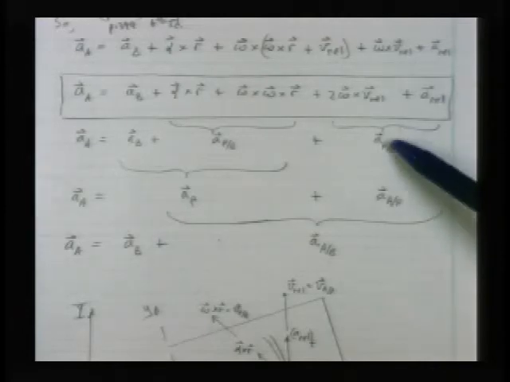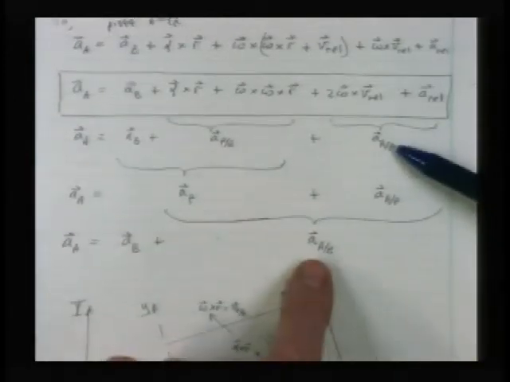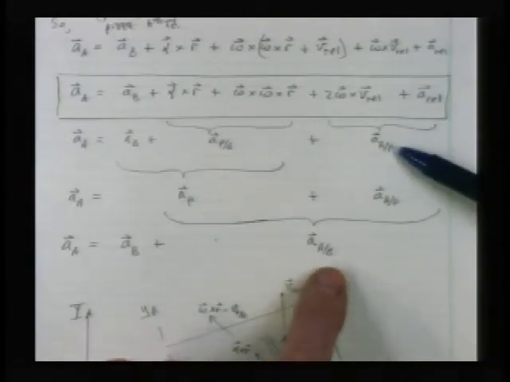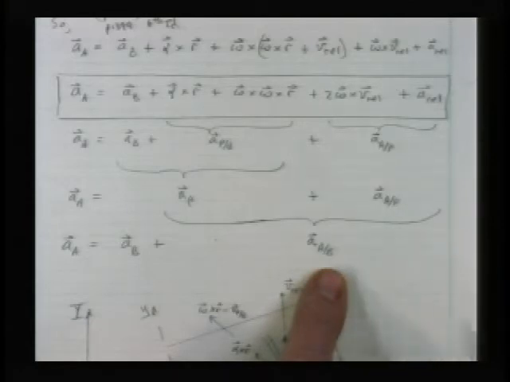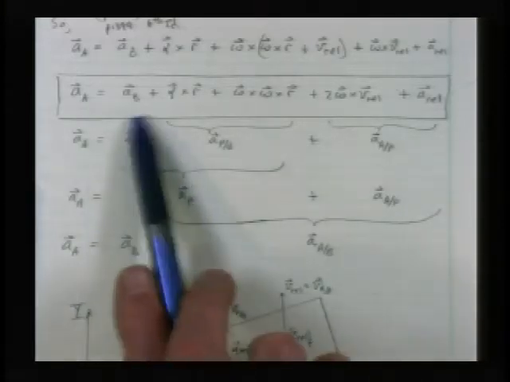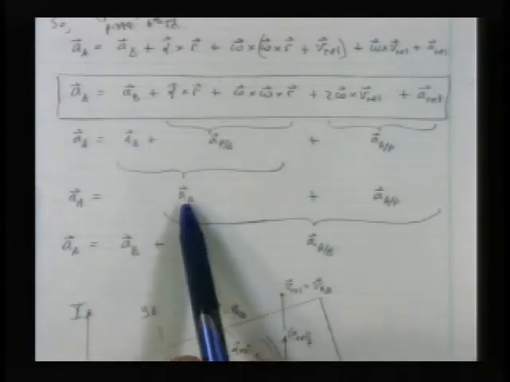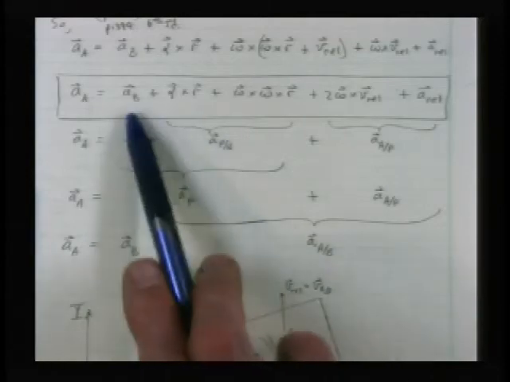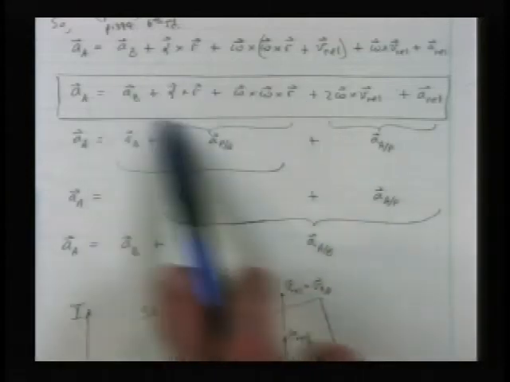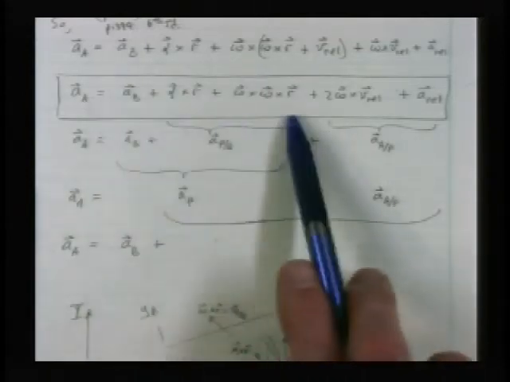And you can see that these two terms right here make up, in the nesting, the acceleration of A relative to B. Okay. The first three terms, if you grab a hold of those, this gets you the acceleration of point P. This is the acceleration of point P, all of this.